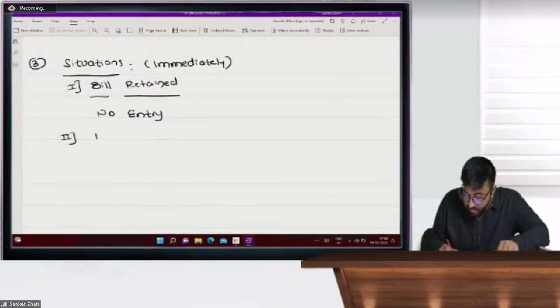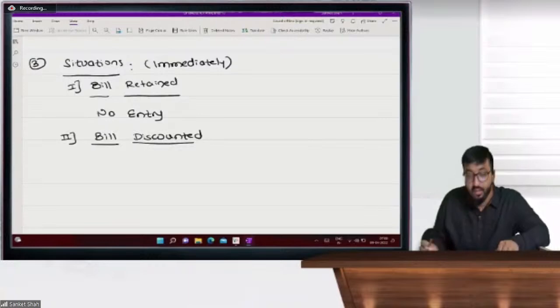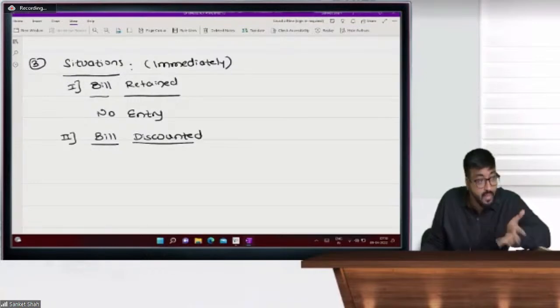Second situation, bill is discounted. Now what is discount? Discount means the drawer will visit the bank and ask, please give me money. The bank will take that bill and give you money. But beta, the bank is not going to do any charity, so the bank will deduct some charges, which are called discount.